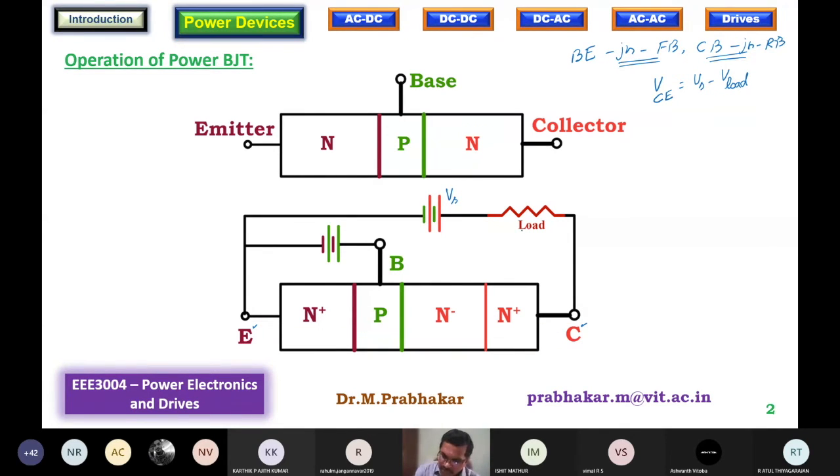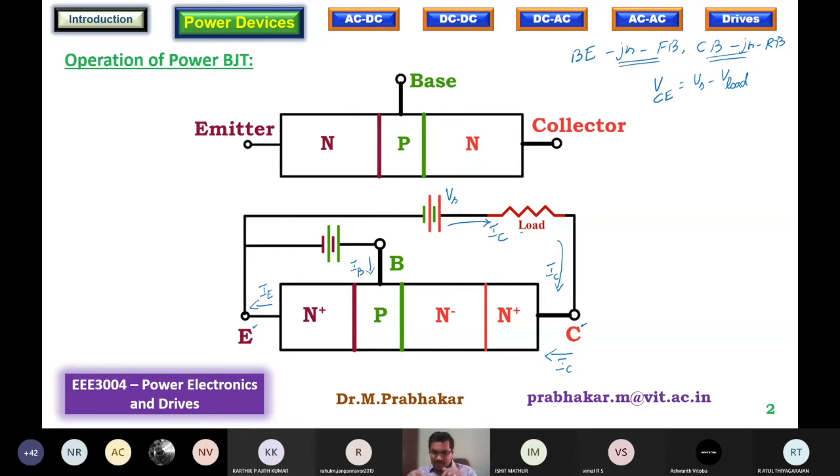If you have current flowing through this, that is the collector current IC, and IC flows inside, IE flows outside, and then the base current again will be inside.